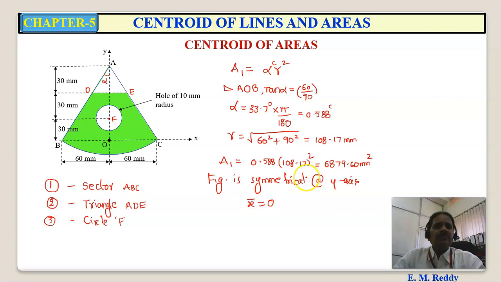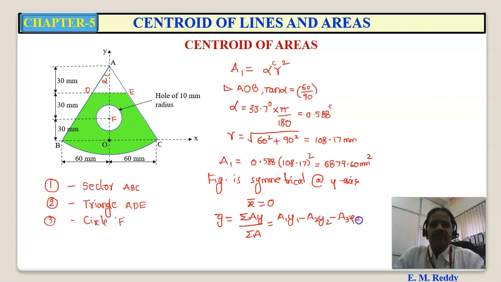So now only we have to find out y bar. So y bar is given by summation ay upon summation a. So that is a1 y1 minus a2 y2 minus a3 y3 upon a1 minus a2 minus a3.